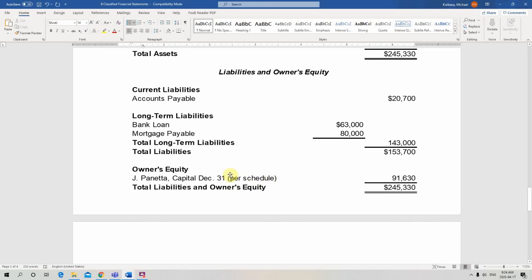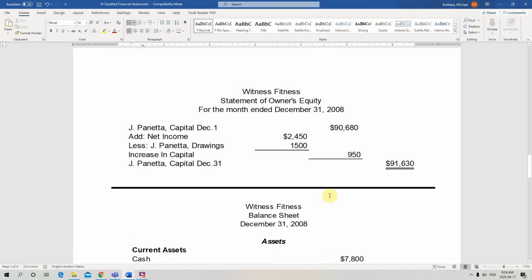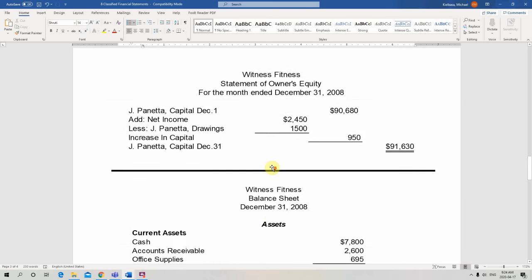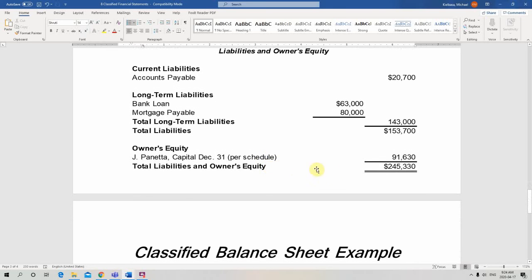Because if someone looks at this balance sheet, per schedule is telling them that the full owner's equity section has been completed on a separate piece of paper. So again, if you make a schedule of owner's equity or a statement of owner's equity, then your owner's equity section on your balance sheet is only going to be one line long. Okay?